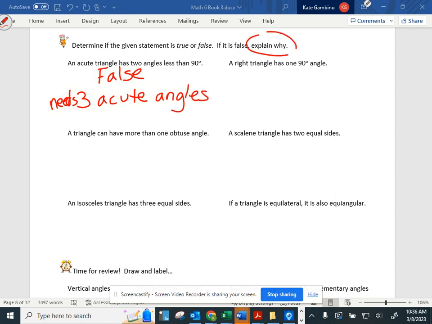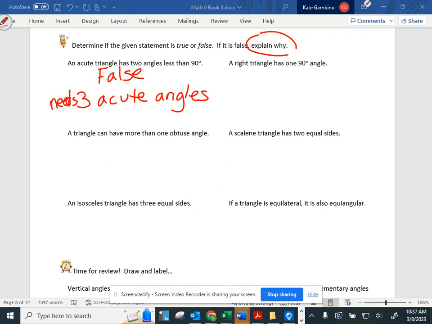So when it says explain why, it doesn't have to be some in-depth, long explanation, but you could say it's false because three of them have to be acute, not just two. Okay, that first one that I drew out, and I said, oh, acute angle, what's my last measurement? It was an obtuse, doesn't work. So it has to be all three angles are acute. All three angles are less than 90 degrees.